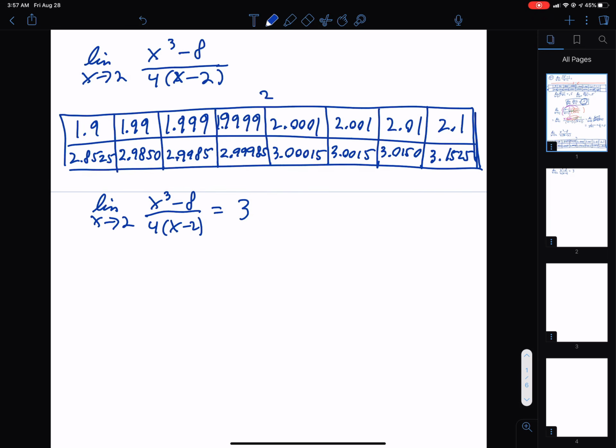All right, how would you have done this analytically instead of with a table? This would require you to know how to find the difference of 2 cubes.